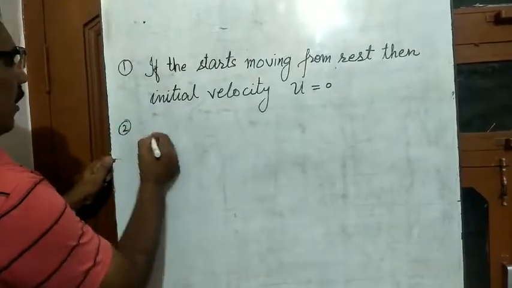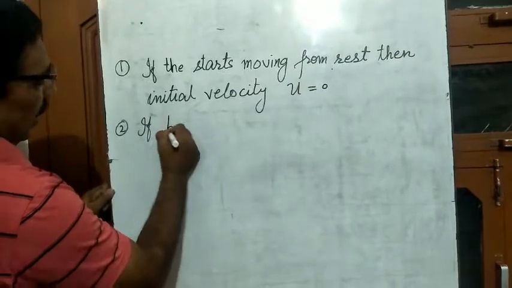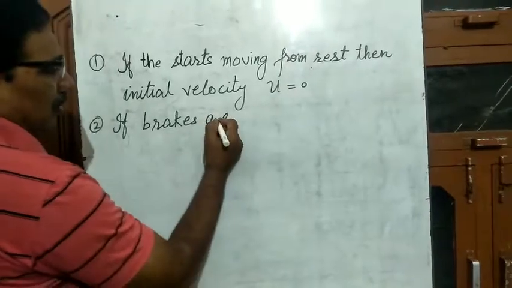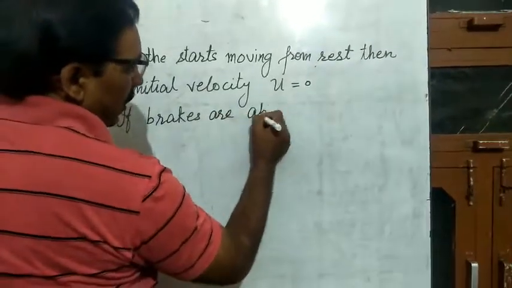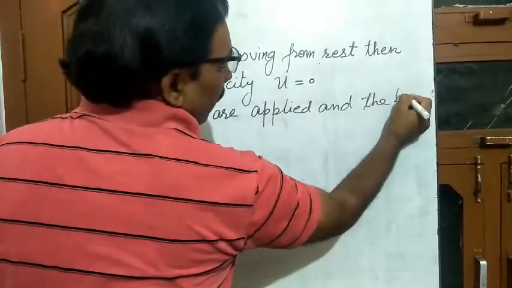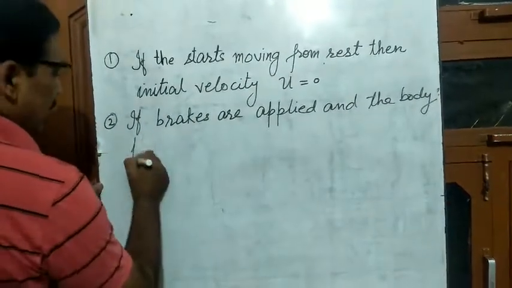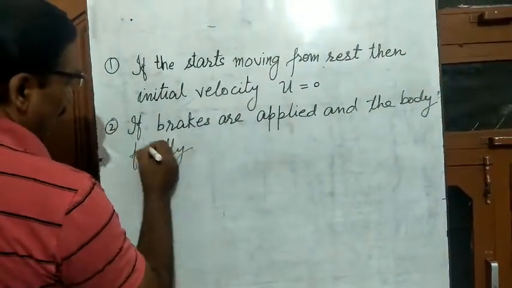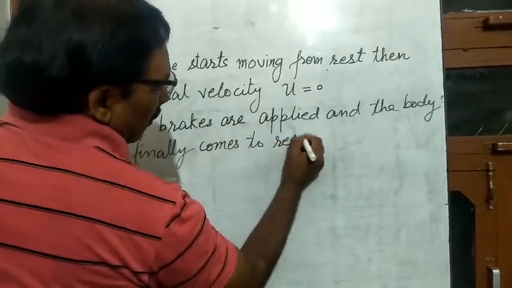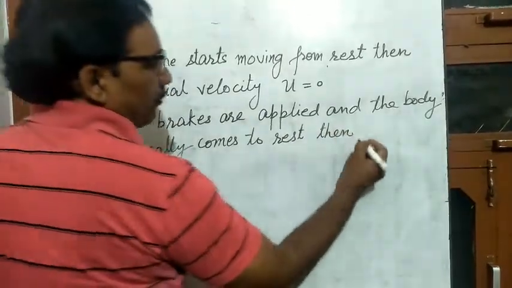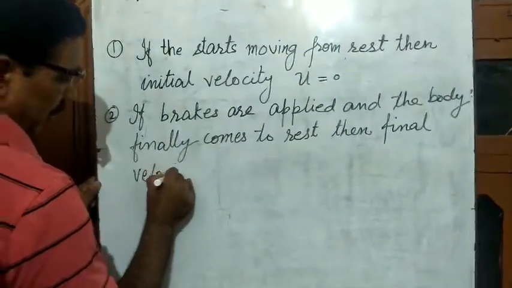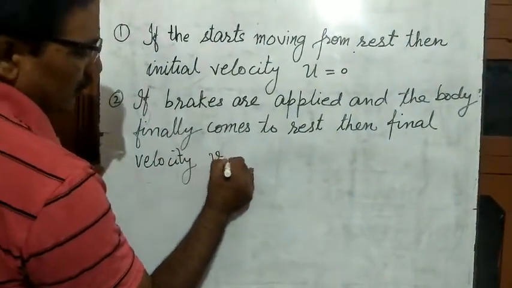Second, if brakes are applied and the body finally comes to rest, then final velocity v is equal to 0.